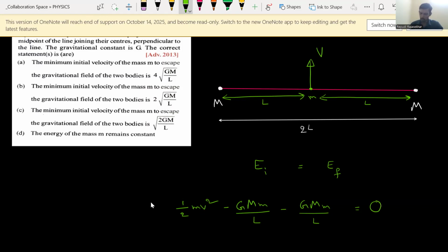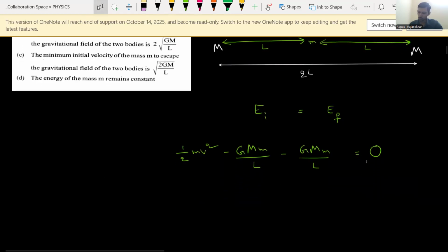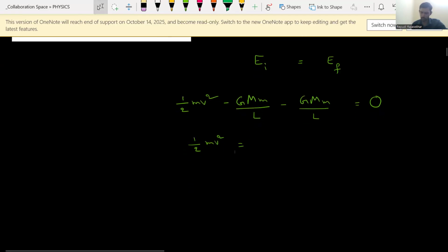So take these two negative terms to the right side and rewrite the equation, so this becomes half mv square equals 2 G M into small m divided by L, right?